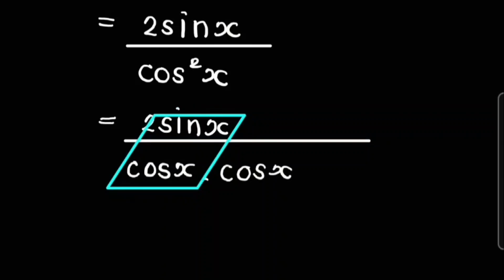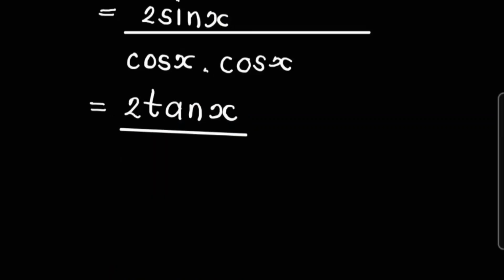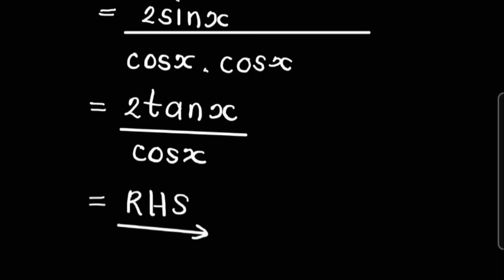And we know that sine x over cos x is tan. So this sine over cos can be replaced with tan, which gives us 2 tan x at the top, and then we have that remaining cos x which stays in the denominator. Now this cannot be further simplified. We have 2 tan x over cos x, and this happens to be the same thing as the right hand side, which means that we are now done with the question.